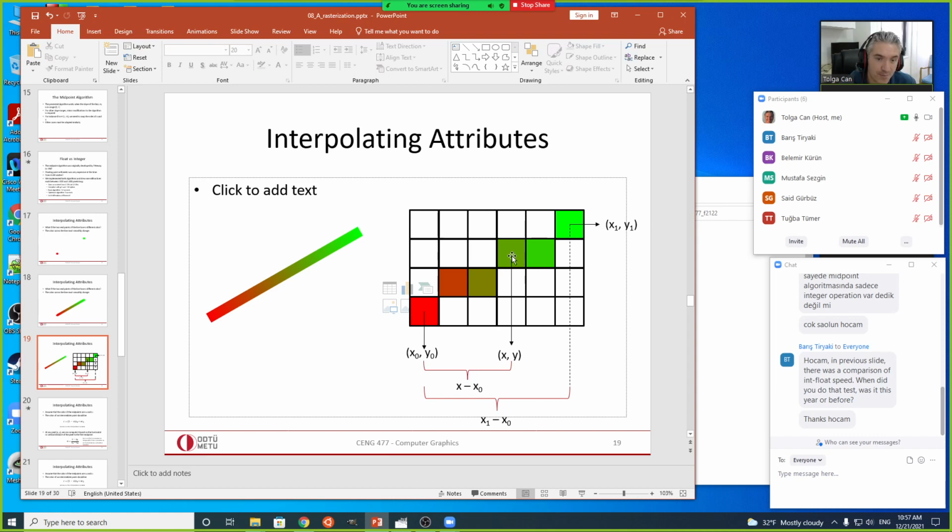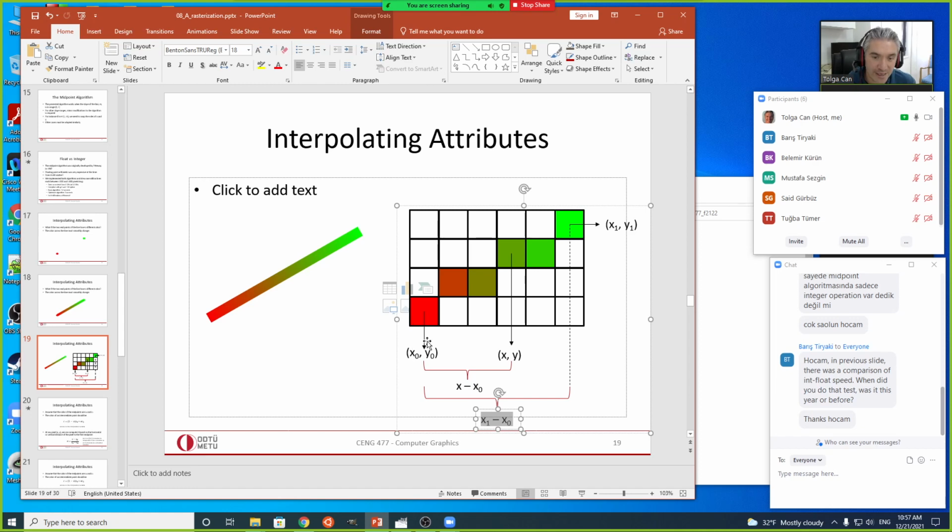For example, if this is the pixel that we are going to compute the color for, the distance that we will be looking for is x minus x0. And the total distance between the two endpoints of the line, we're just going to use the projection of the line on the x-coordinate and do the interpolation on the projected distances.